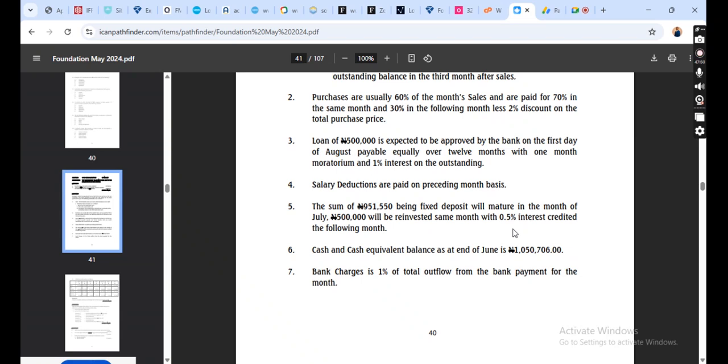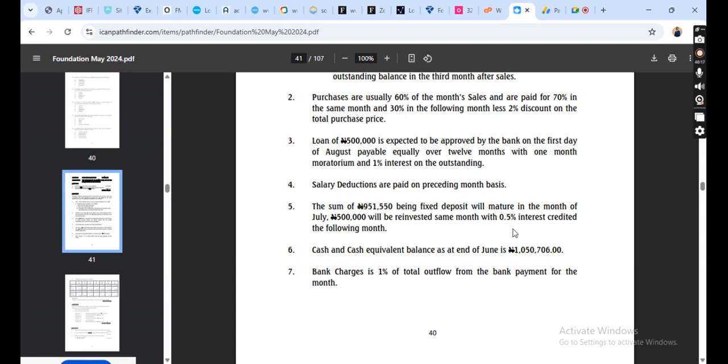Now, the 951,550 is a cash inflow. Then you reinvest 500. The 500 will be reinvested same month, which is July.